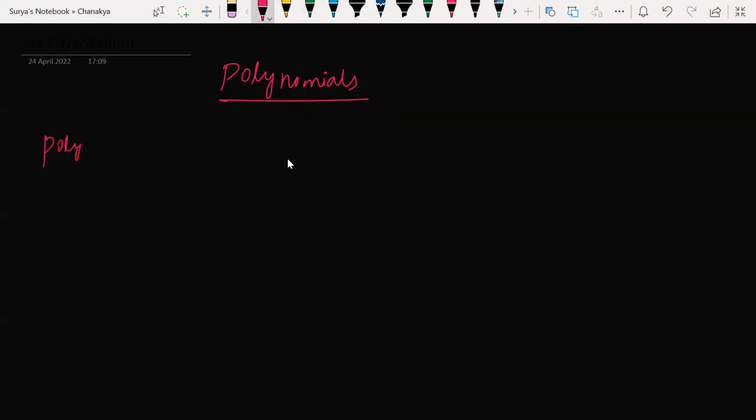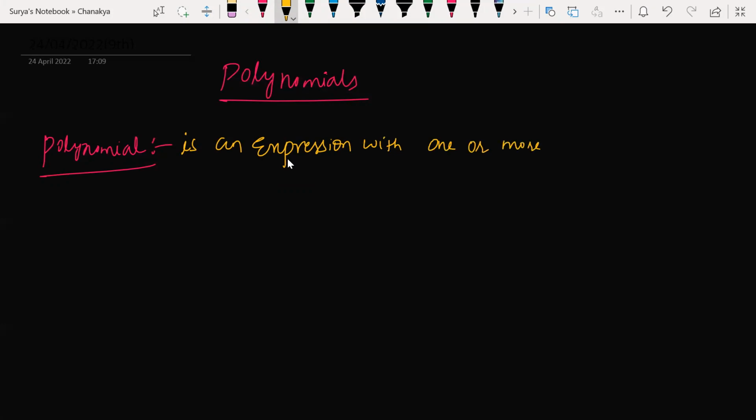Polynomial is an expression with one or more terms with a non-zero coefficient. With a non-zero coefficient. So what do you mean by coefficient?